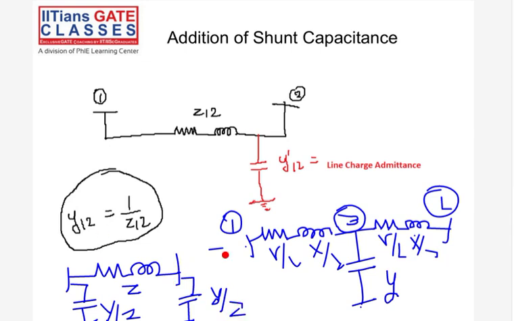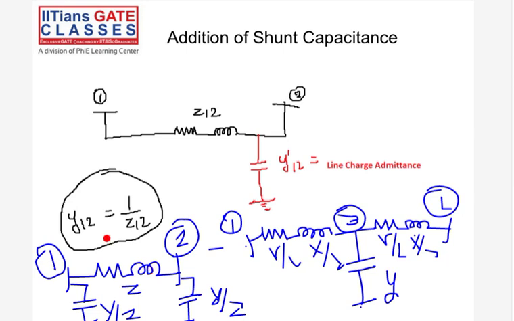So if you see, both representations we can work with equally. But the problem is that here, for the transmission line, suppose you are having a 100 bus system, right? And between these 100 buses, there are 100 lines.